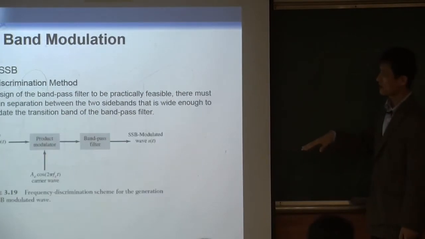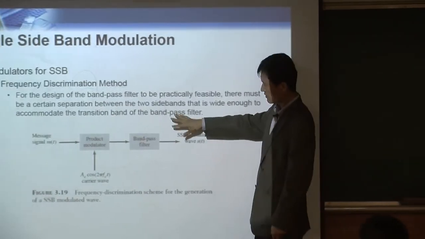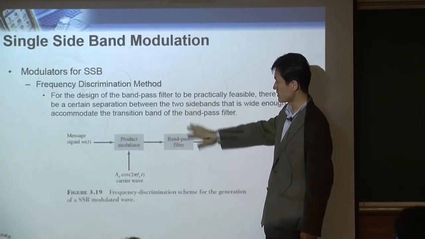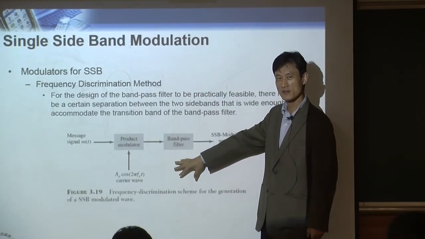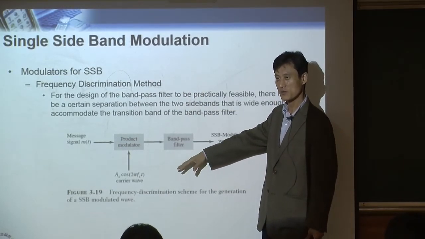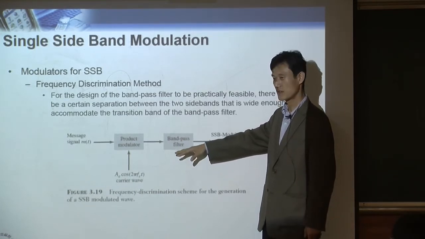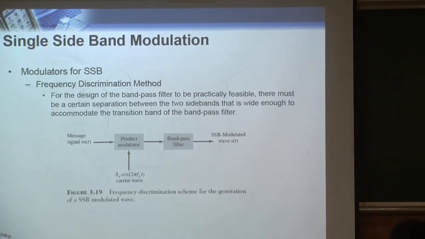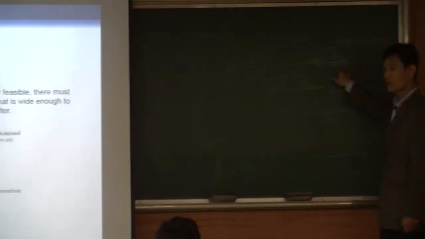Going back further, we already discussed the frequency discrimination method. In this case, no Hilbert transform. We don't care about Hilbert transform, phase rotation, whatever. What we do is simply using the bandpass filter, we are just separating.